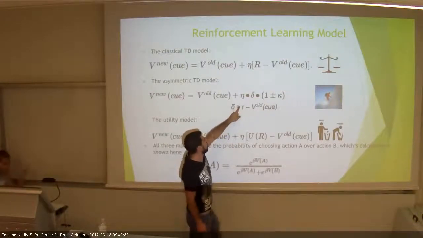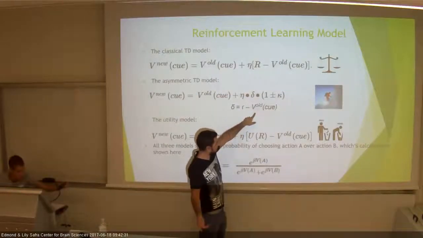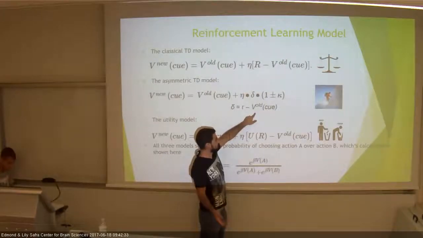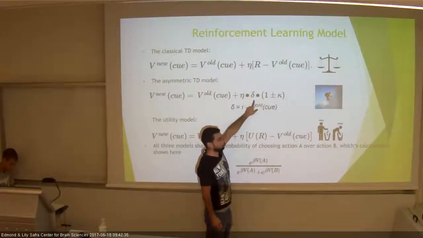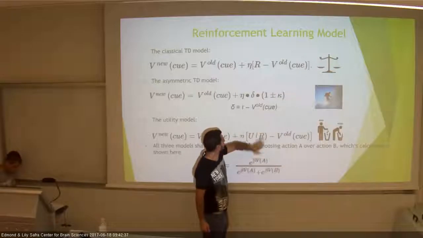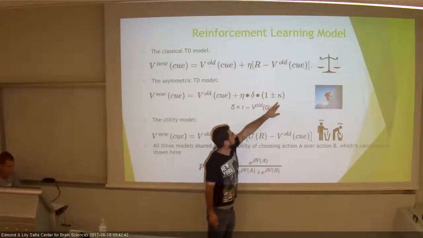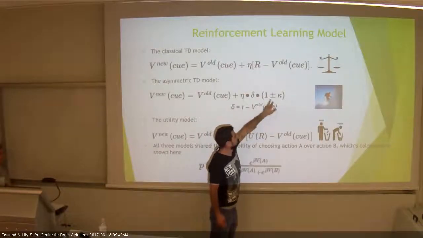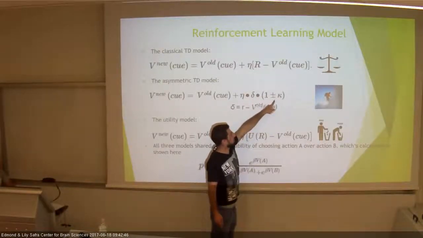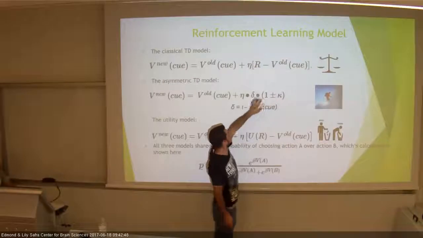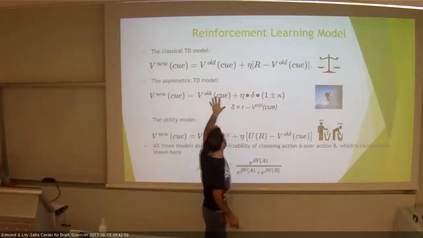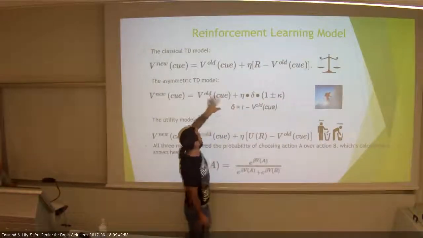if the delta is bigger than 0, for instance for positive learning, or impaired positive learning, I wouldn't call it impaired exactly, but we'll just call it that for now, we're going to be seeing a kappa that's plus. We're going to be putting more weight on positive.